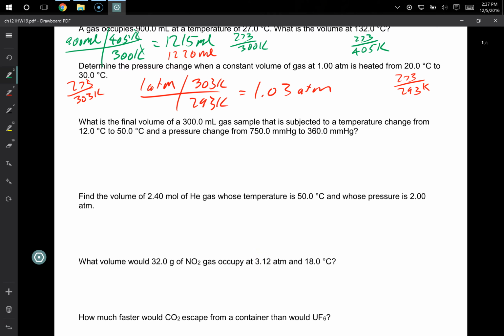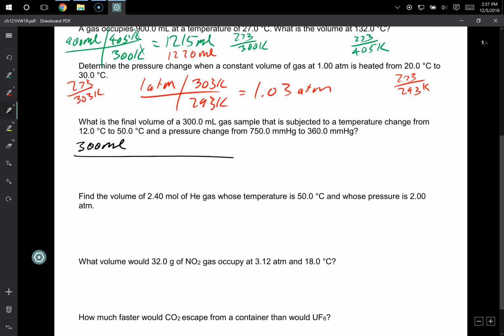Final volume: 300 milliliters of gas is subjected to a temperature change from that to that, and the pressure changes from that to that. Okay, so what we're looking for is a volume. We've only got one volume unit up here, so let's go with that. I've got 300 milliliters, so I'm going to start off with this. I'm going to have 2 railroad tracks, and I'm going to end up with milliliters.